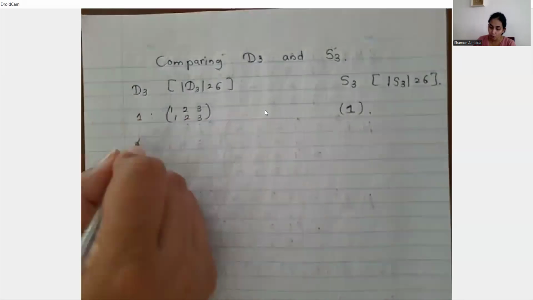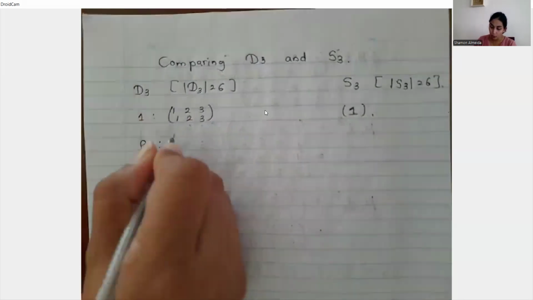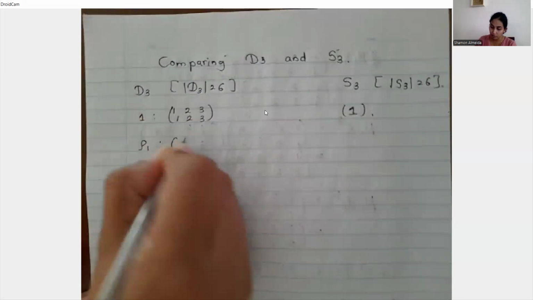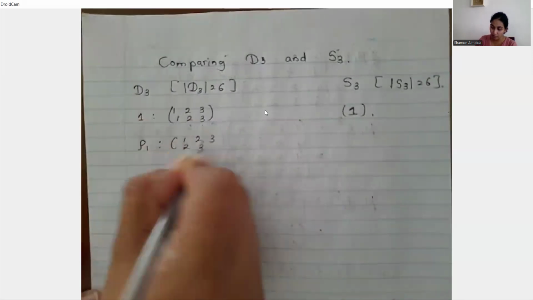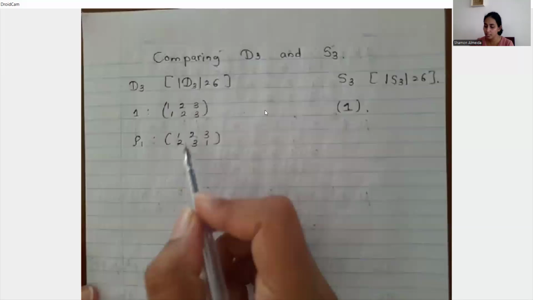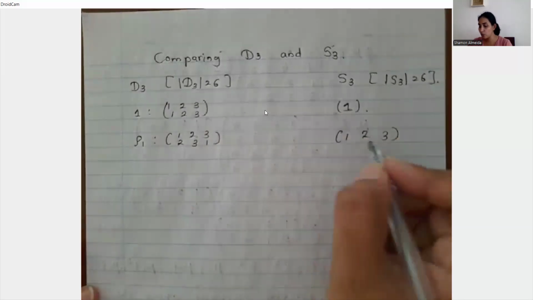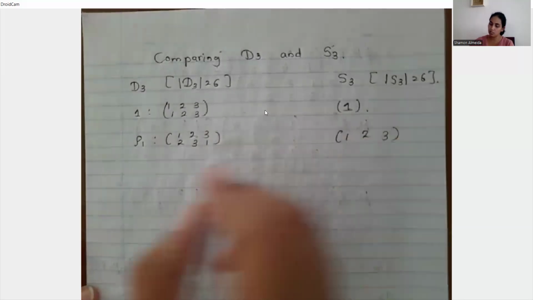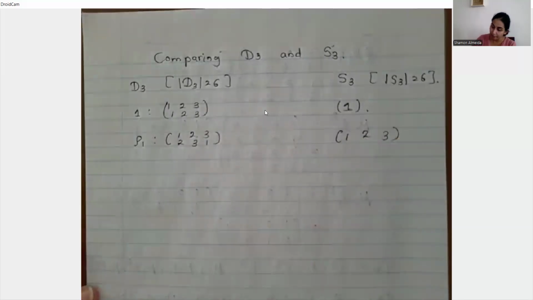Then we have rho 1, which sends 1 to 2, 2 to 3, and 3 to 1. Corresponding to rho 1 in S3, we have a permutation where we send the element 1 to 2, 2 to 3, and 3 to 1, which is the cycle (1 2 3). In this cycle, we see that 1 goes to 2, 2 goes to 3, and 3 goes to 1. So these two correspond, right?